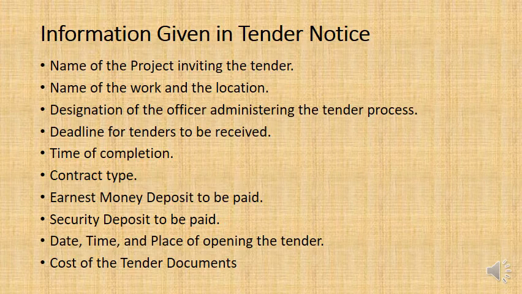So remember, the tender notice is just an invitation, but if you want to actually have all of the tender documents, you've read the invitation and you think, I'm a contractor who could probably do this work, I think I want to bid on this work, you will request the tender documents.